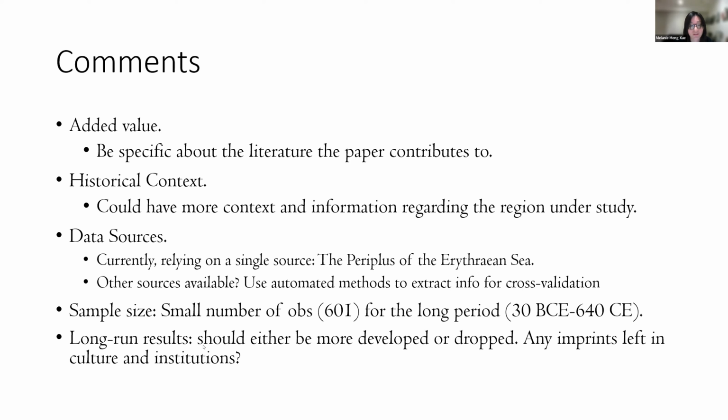And then the last part, the long-run results, I like it a lot, but I think it needs to be more developed or just not done at all. Also I'm curious whether there are any imprints in culture and institutions, which could be one of the reasons you see those long-run consequences. I don't know if you know Martin Fiszbein's work on agricultural suitability or manufacturing suitability, but there could be many more channels than just that.